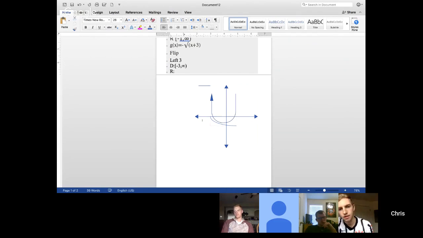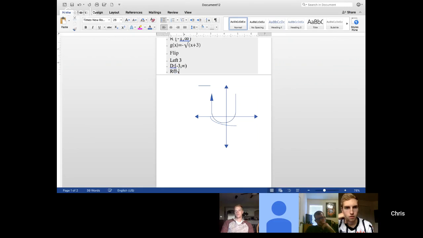It's the x-axis. Okay. And so it's a square bracket because we include the -3. Right. For the range, I think this is the case, but I'm not sure.